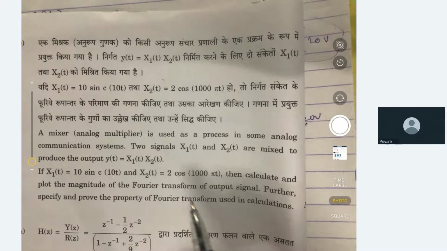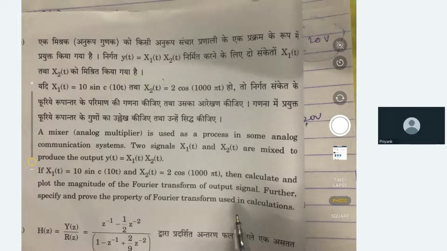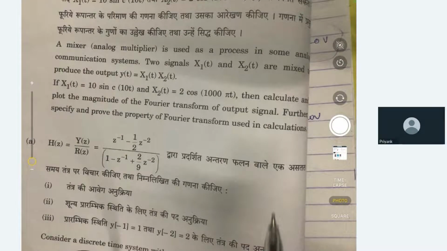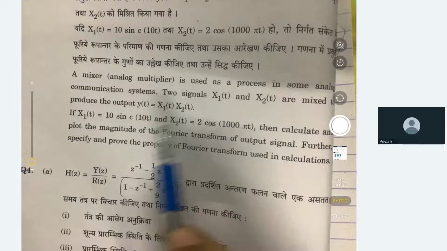Further, specify and prove the property of Fourier transform using the calculation. So simply, what is required here is that we should remember the Fourier transform of this and this. Otherwise, finding it out and doing all that in 10 marks will take a lot of time.